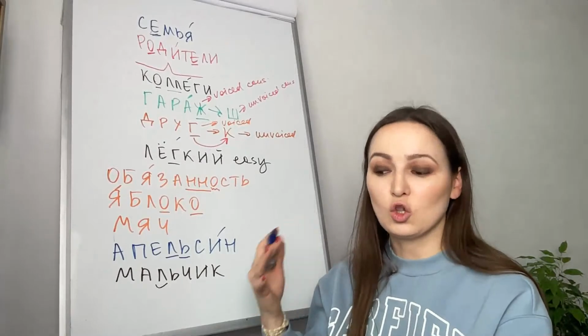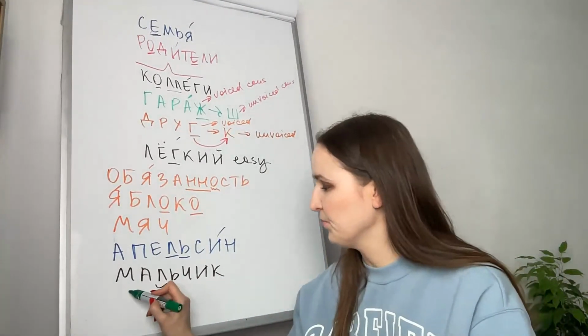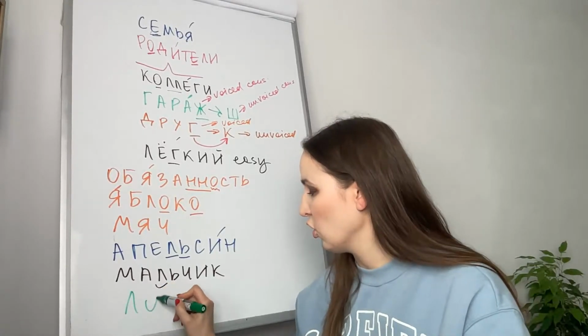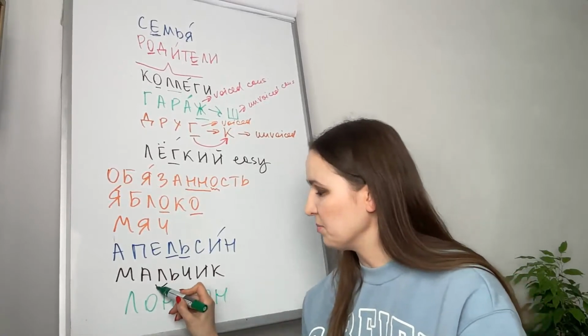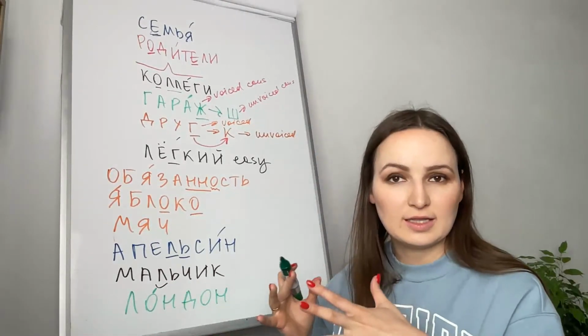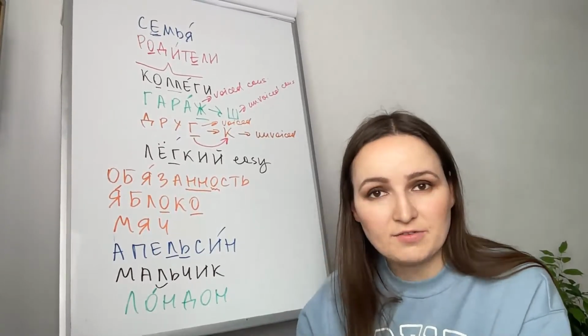Another example with the word London. In Russian, it's Лондон. And this is a very common mistake as well. When people stress another letter for some reason, maybe this is how it sounds in their native language.